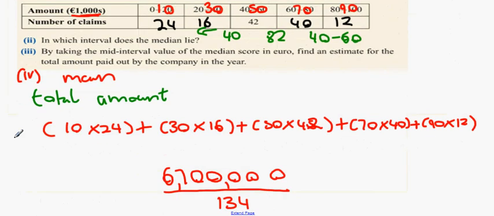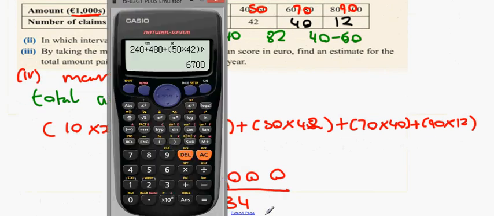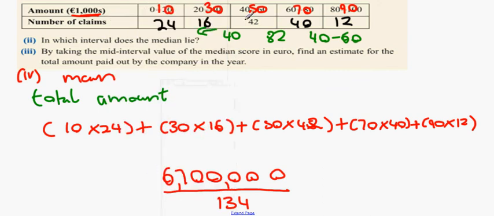Okay, so 6,700, we're going to multiply that by 1,000. That's how much money we're talking about. Then we're going to divide it by 134. And this means the mean is going to be 50,000 euro. 50,000 euro is the mean claim. Okay, that's if you're asked for the mean claim. Okay, the answer for this question is 6,700,000.